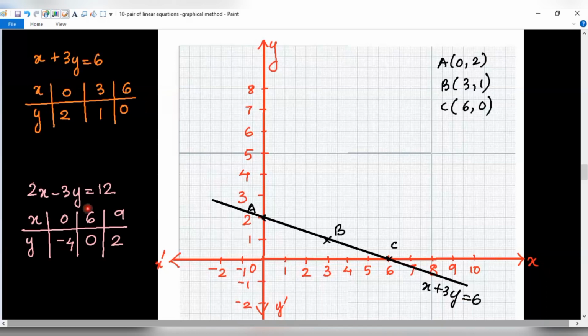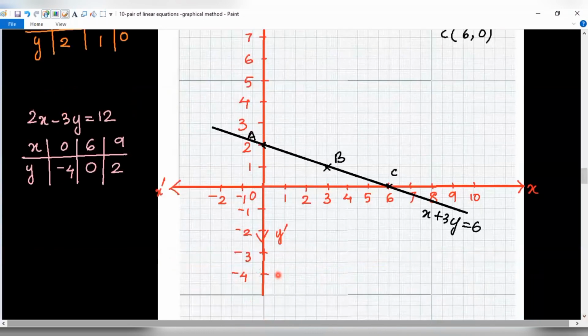Next, we have to plot this, right? So let me take it with blue color. 0, -4, first point. 0, -4. This is the required point P. So P is 0, -4. Then 6, 0. See this point, right? Okay, that is enough, no? 6, 0, Q. Again Q, okay. 6, 0. Then 9, 2.